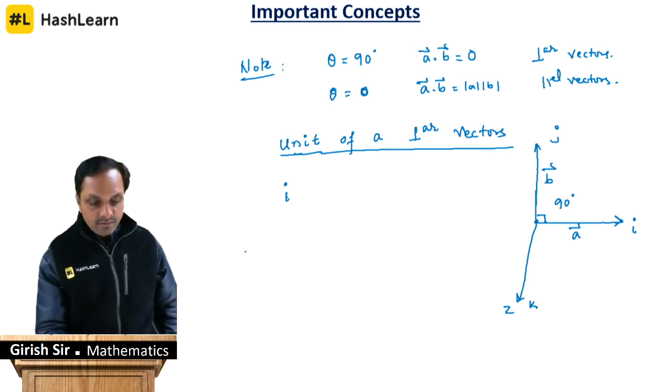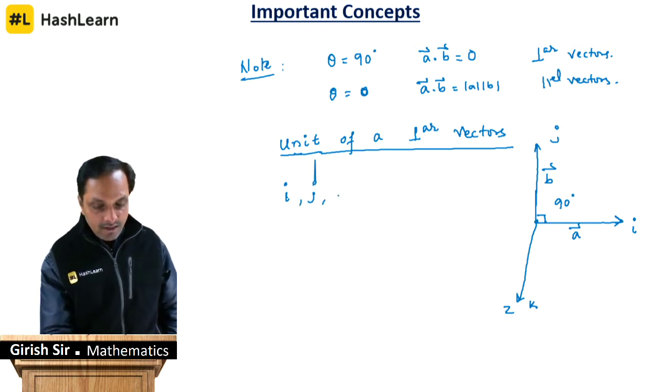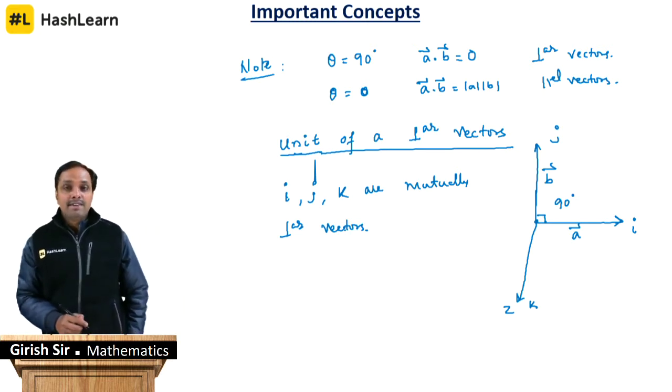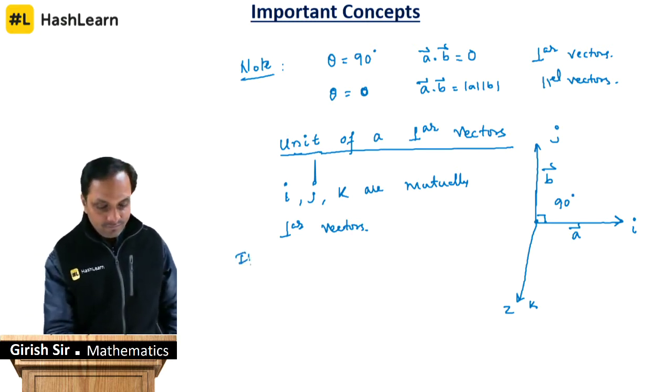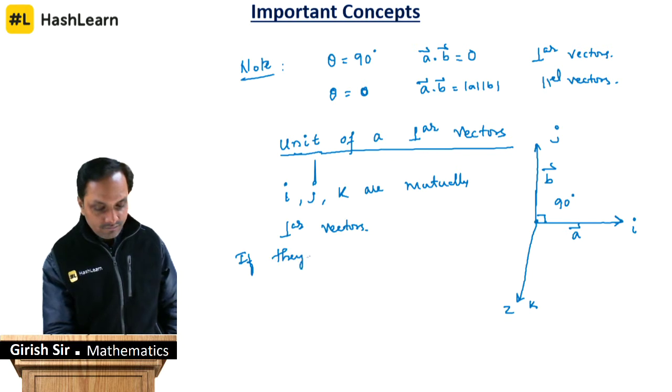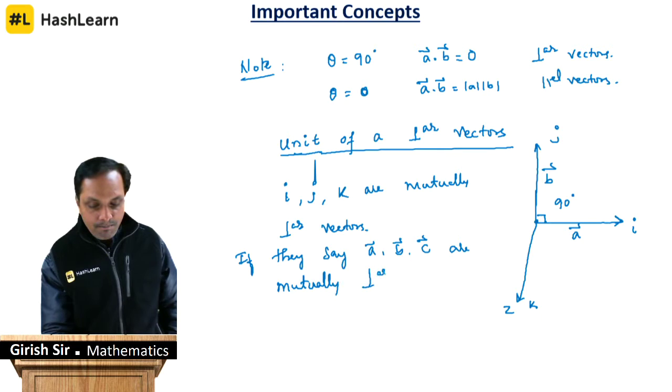You know that I, J, K are mutually perpendicular vectors. Suppose they say vector A, vector B, vector C are mutually perpendicular to each other.